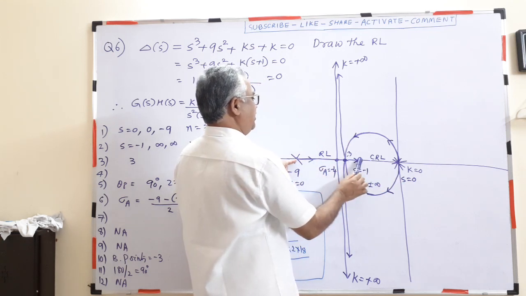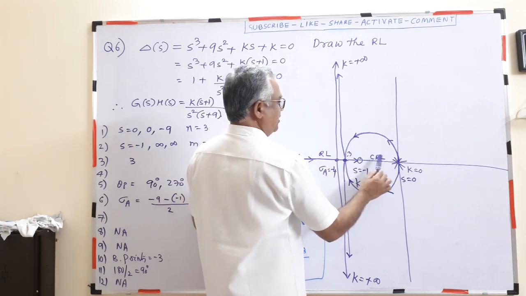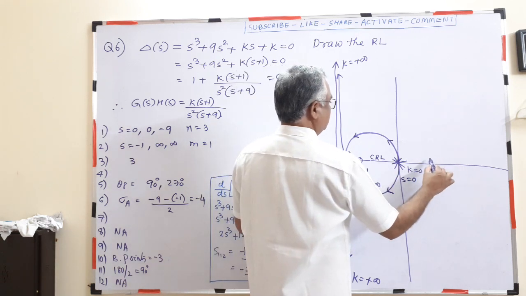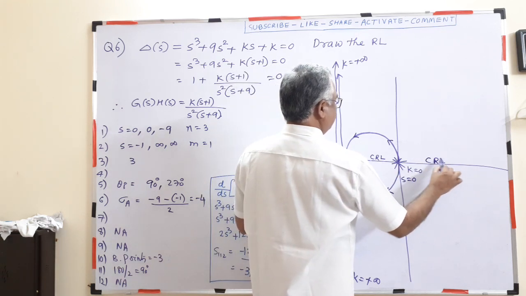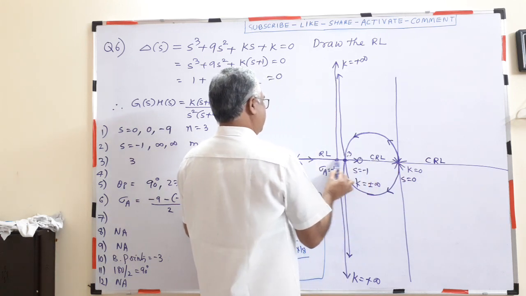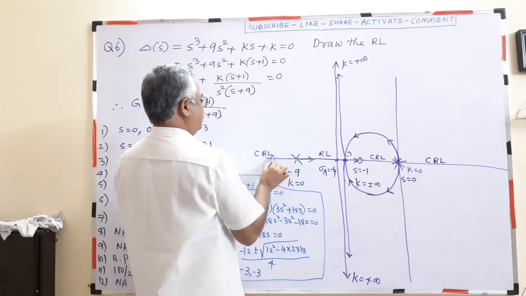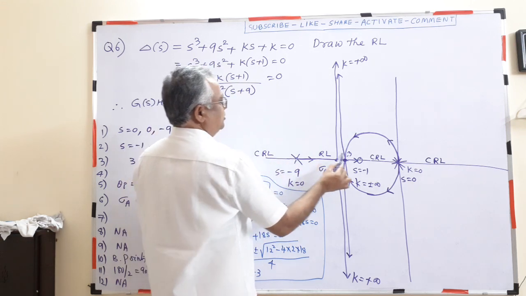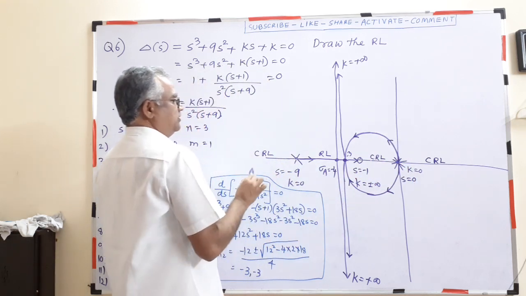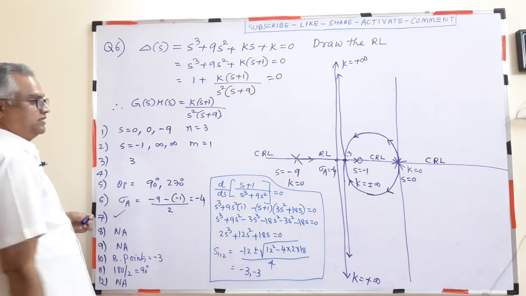So here to here, RL. Here to here, CRL. Here to here again CRL, because 0 is also even. Again CRL because of 2 poles. This is RL. Then again here CRL. Why CRL here? 1, 2, 3, 4, even, so CRL. So that will be taken care of by the 7th point.